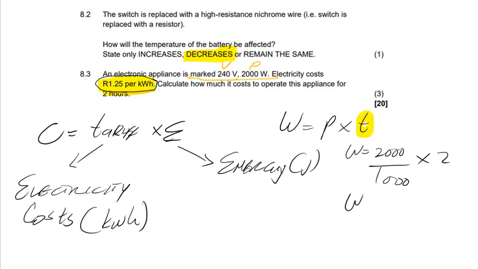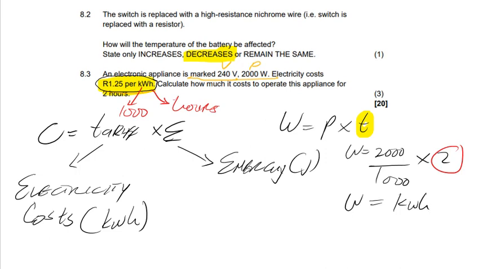You've got that kilo, then you've got hour. So you don't have to convert this to seconds or minutes because already your tariff is in kilowatt hours. So even this one must be in kilowatt hours. I'm converting that 2000 to kilo so that I can have this as a kilowatt hour as well, right?